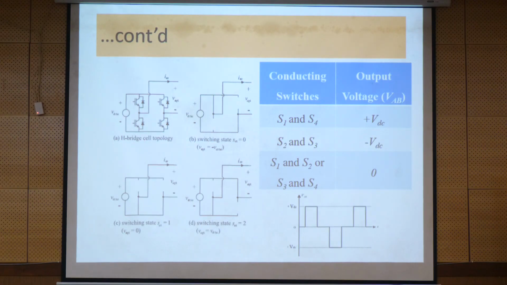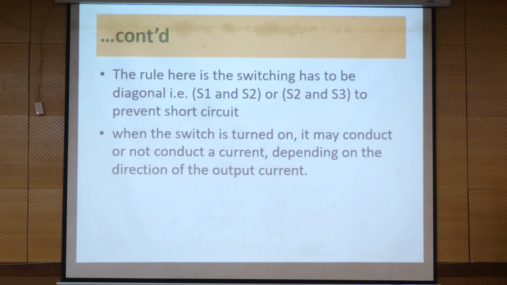The switching operation is a well known topology, easy to switch to get plus VDC, minus VDC and the 0 state. So there may not be that much stress across this one.